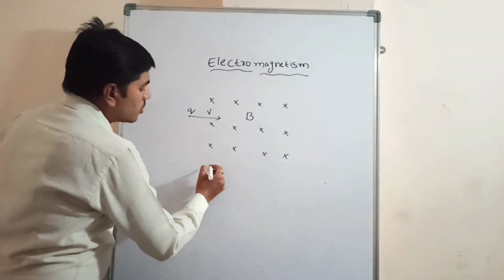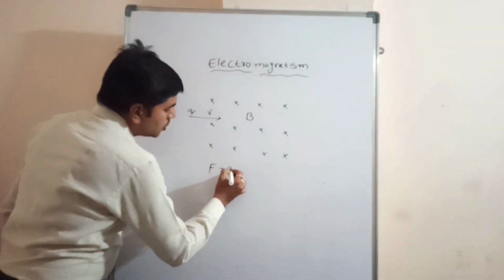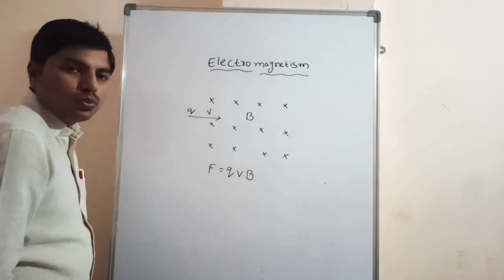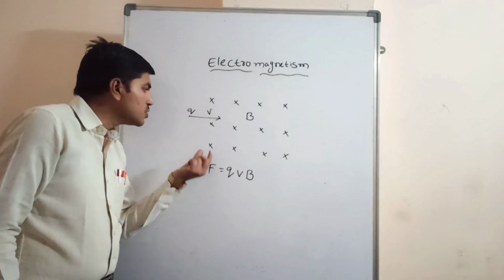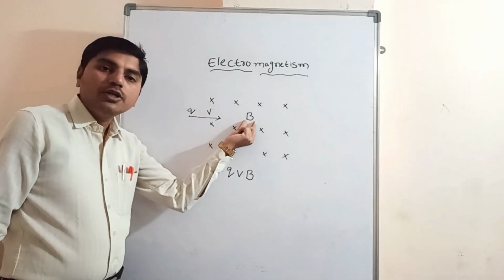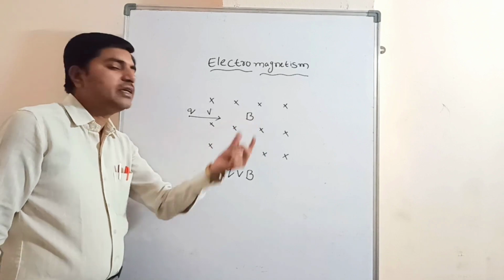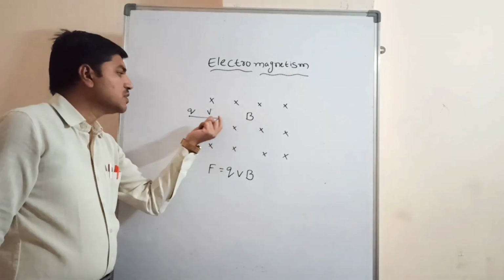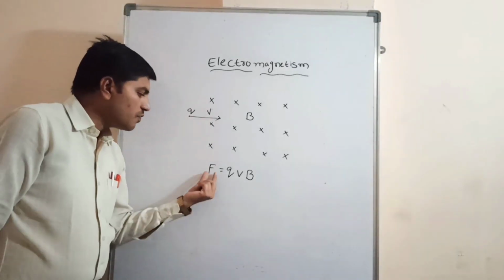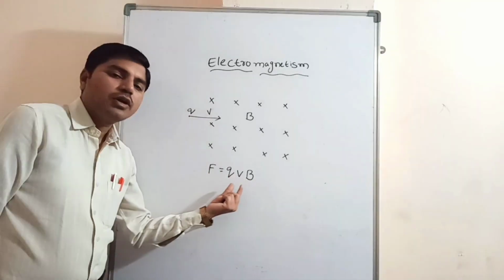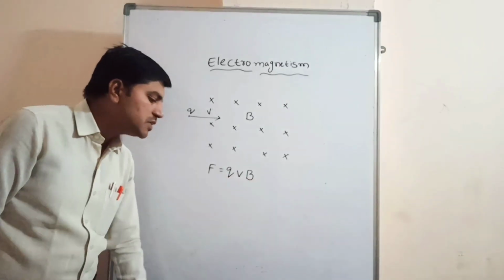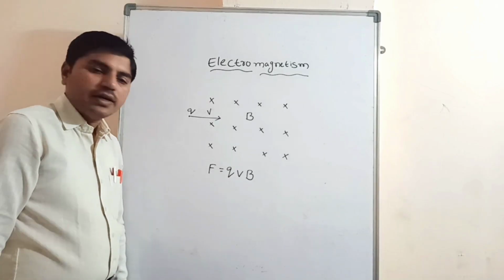F is equal to qvB. Force means some force acts on the charge according to the magnetic field density. So the field density produces some force on a charge. That's why F is equal to qvB, where q is the charge, v is the speed, and B is the magnetic field density.